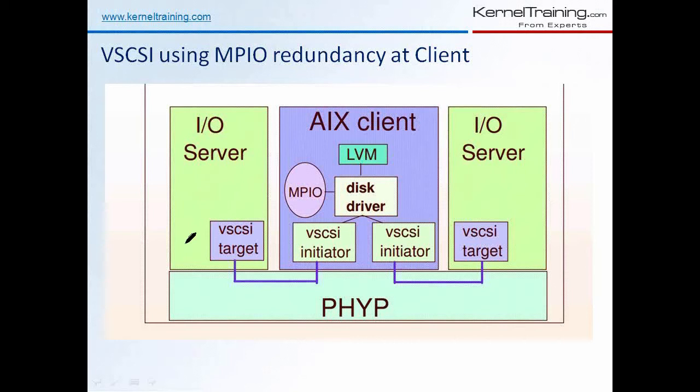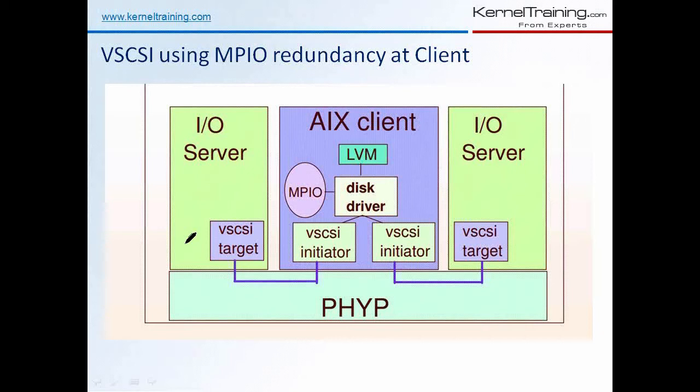So what I will do, the same LUN on the storage side I will share between two VIO servers. I will set up another VIO server and share the same LUN between the VIO servers.